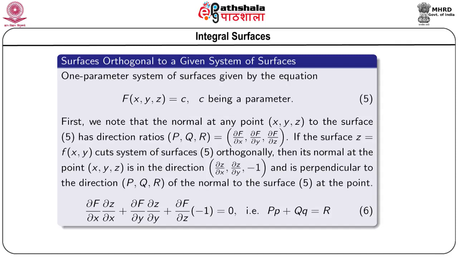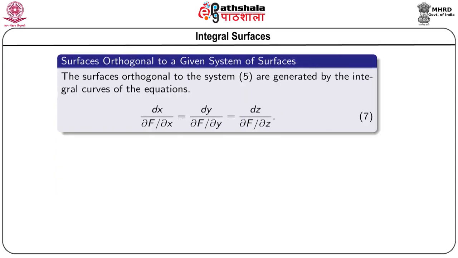That means now we obtain a quasi-linear equation which is given in equation 6, and we want to find the solution of the quasi-linear equation 6. And we already know that the solution of the quasi-linear equation is related to the solution of a simultaneous equation known as the Lagrange auxiliary equation, written in equation number 7: dx by del f del x equals dy by del f del y equals dz by del f del z.